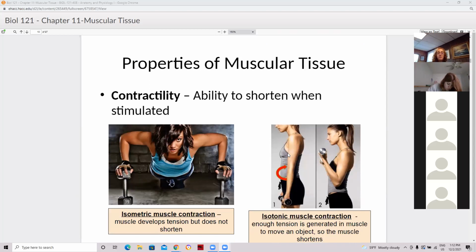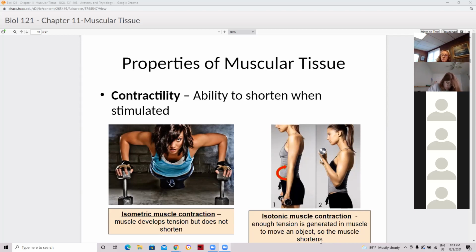Contractility: the muscle can shorten when stimulated. We have two different types of contractions. We have isometric muscle contractions, where the muscle develops tension but does not shorten. Isotonic muscle contractions: enough tension is generated that the muscle can move an object, and so the muscle shortens.